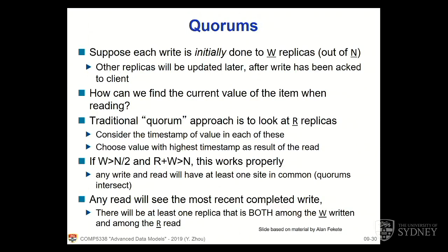And the other way is when we have multiple copies, a write needs to reach some copies, and a read also needs to reach a few copies. Usually we don't assume that a write needs to write on all copies before it returns to the client. That is not desirable performance-wise. So usually there is some number you decide.